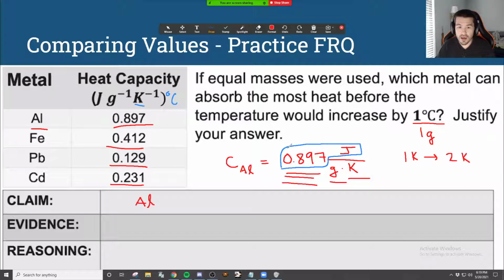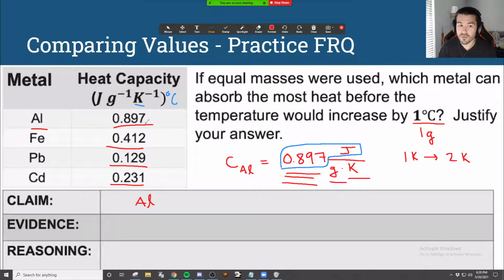So how would we justify our answer? My claim would be aluminum. My evidence would be that aluminum has the highest heat capacity, and my reasoning would be describing what heat capacity means. Aluminum has the highest heat capacity value.